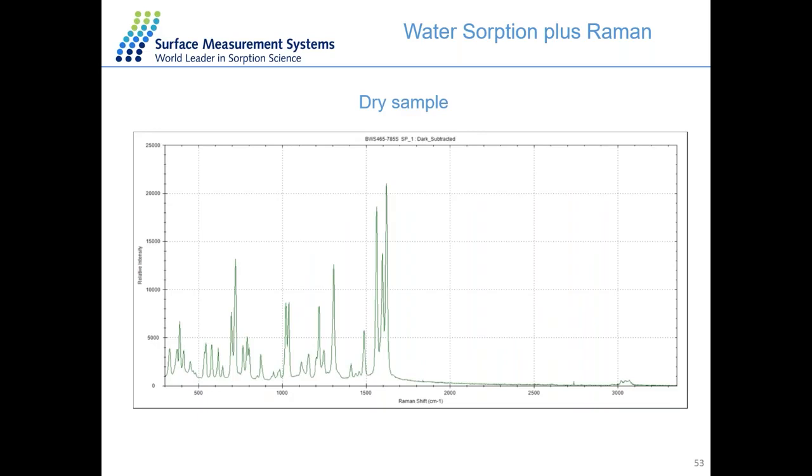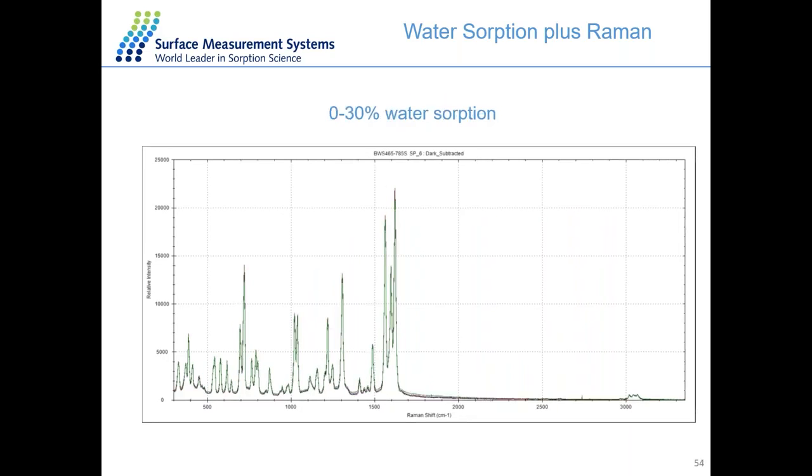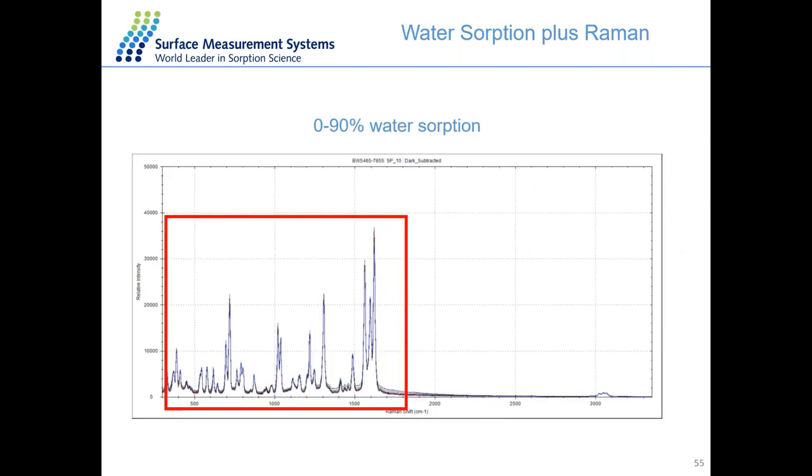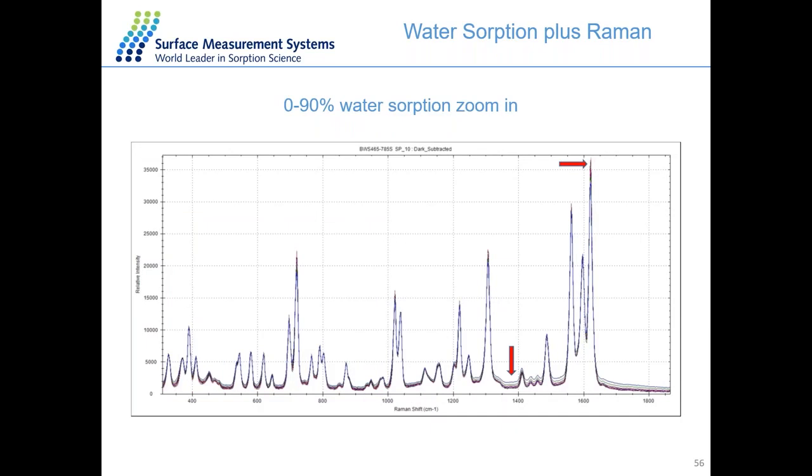What we're going to do is overlay data showing what happened when we introduce more and more water on the sample. The data that we're collecting for water specifically does not show a significant change in the position or the intensity of the peak. If I zoom in on this section of the data, you can see just a small shift in the intensity of the peak, but there is no change in the actual peak's presence, and no formation of an extra peak.